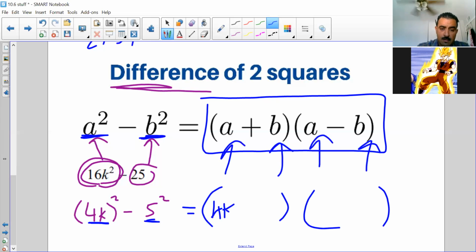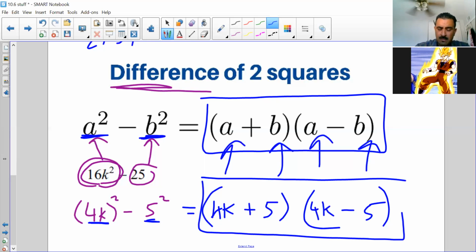I'll put it right here, 4k and 4k. My b value is 5. I'll put it right here and right here. I'll bring down the minus here, I'll bring down the plus here. We're rocking and rolling, we're done. Notice that. Done, done, done.